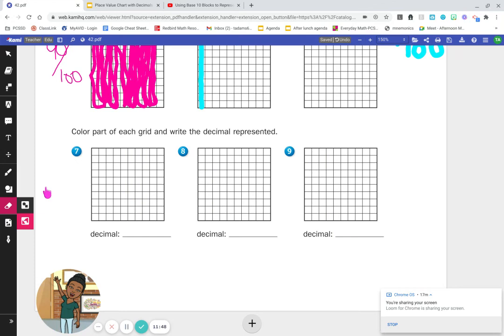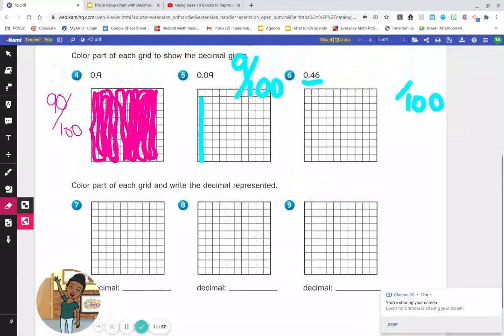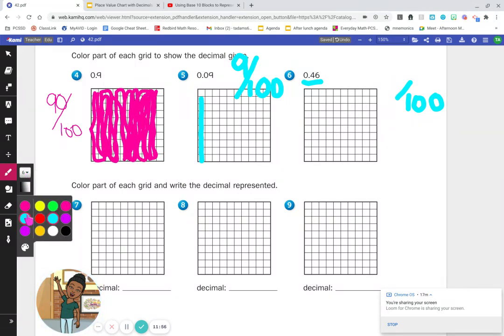For example, going to my drawing tool, I'm going to use purple. Coloring that whole row. Coloring the second row. The third row. And why not?